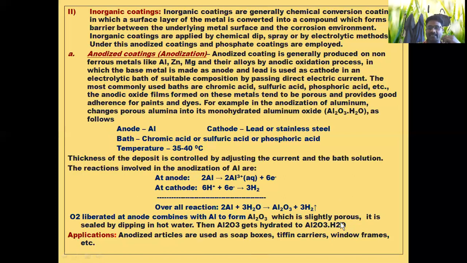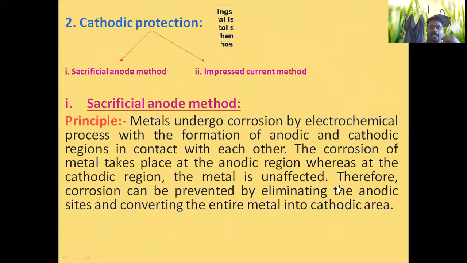This monohydrated aluminum oxide acts as a barrier between the metallic surface and the corrosion environment, thereby protecting the aluminum metal for a long time. Applications: anodized articles are used as soap boxes, tiffin carriers, window frames, etc. So this is about anodization of aluminum.